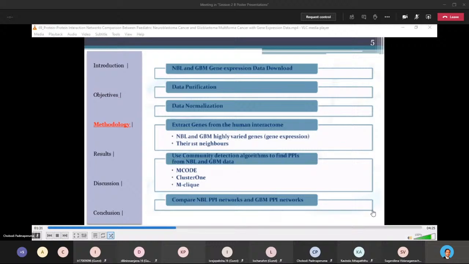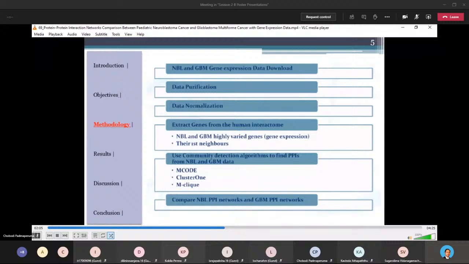The methodology we have used is as follows. We have downloaded NBL and GBM gene expression data from the cBioPortal and we purified the data and normalized them. We extracted genes from the human interactome, which has all the gene protein interactions for humans, and we extracted the NBL and GBM highly varied genes and their first neighbors from the human interactome.